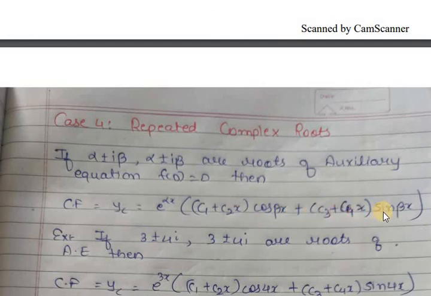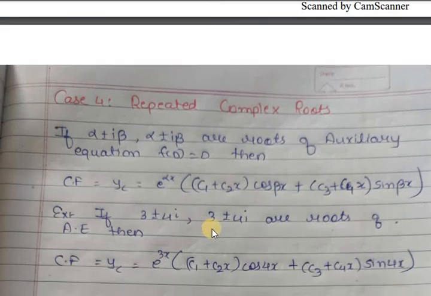Now consider the second example. If 3 plus or minus 4i and 3 plus or minus 4i are roots obtained from the auxiliary equation. So here as you can see, the roots are complex and repeated. For that, comparing with alpha plus or minus beta i, alpha will be 3 and beta will be 4.